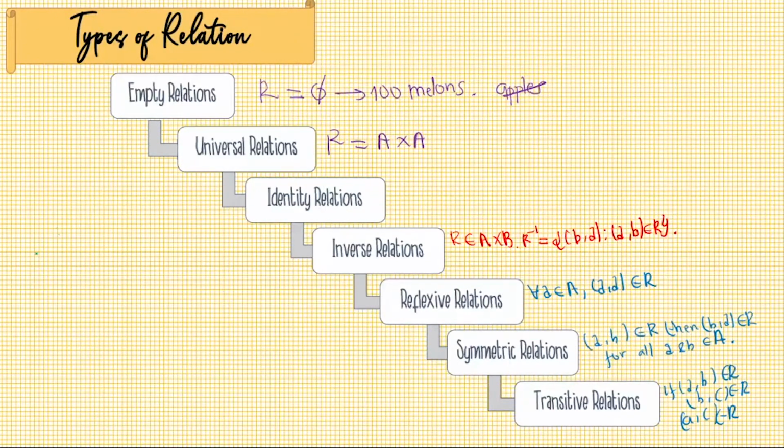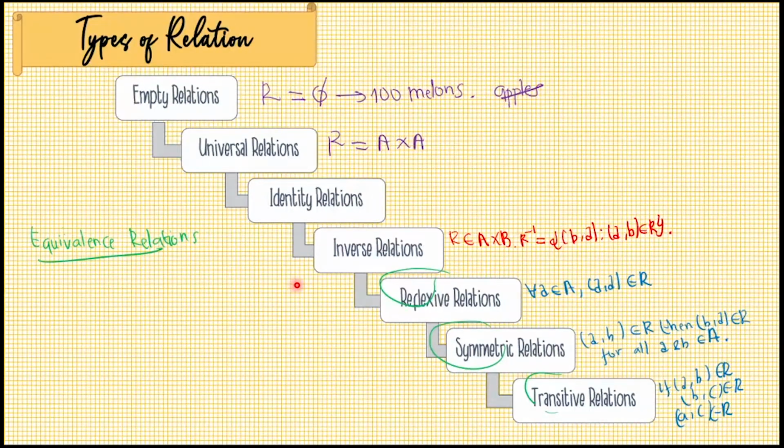And the last one is equivalence relation. If a relation is reflexive, symmetric, and transitive, then the relation is called an equivalence relation.